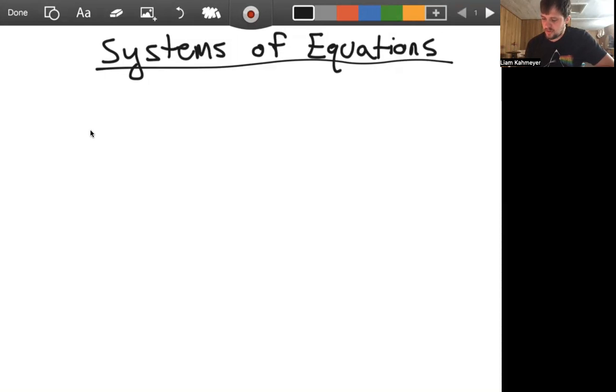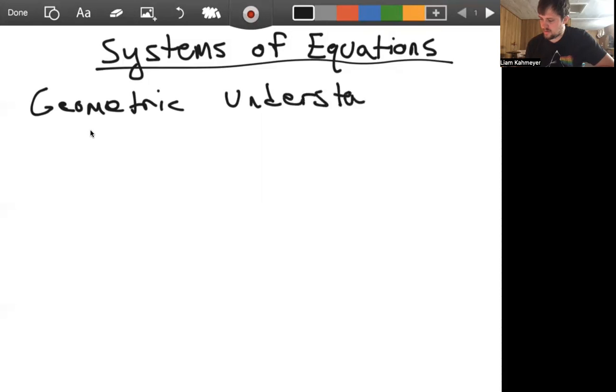So let's start with a geometric understanding. A system of equations is really representing a family of functions, if you would like to think about it that way.